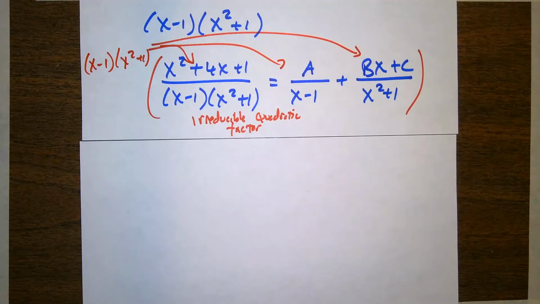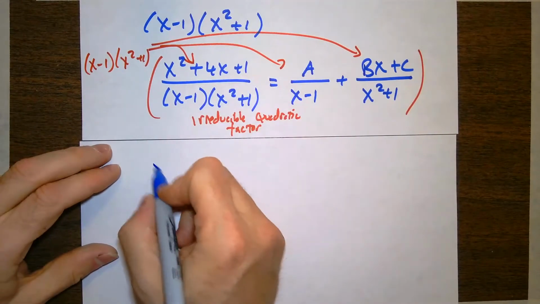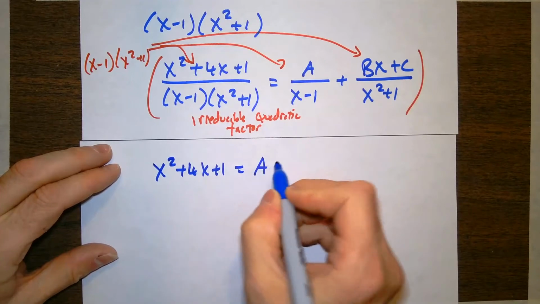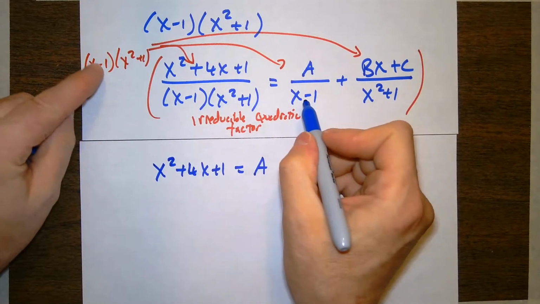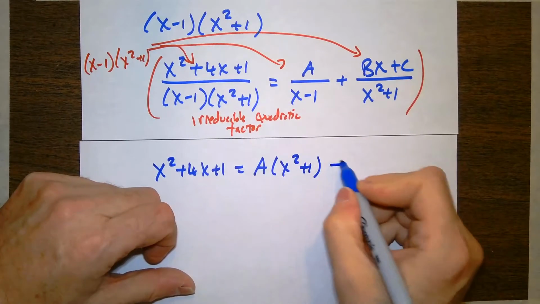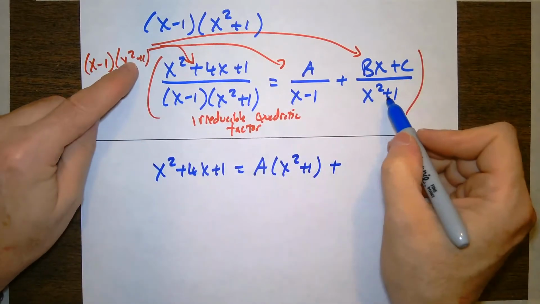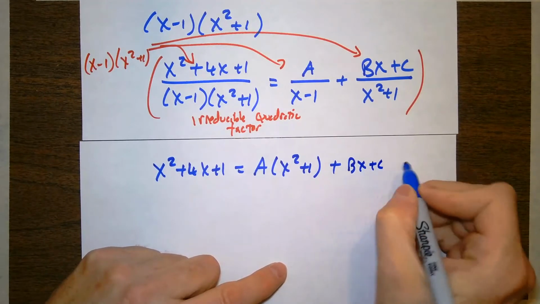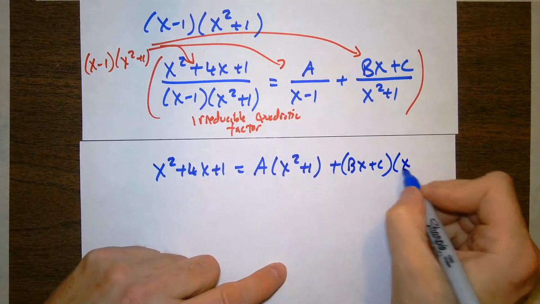And when I do, I'm going to get just the numerator here, x squared plus 4x plus 1 equals a times, let's see, the x minus 1s will cancel, and I'm going to get left with x squared plus 1 plus, here, the x squared plus 1s will cancel, and I'm going to get left with bx plus c times x minus 1.